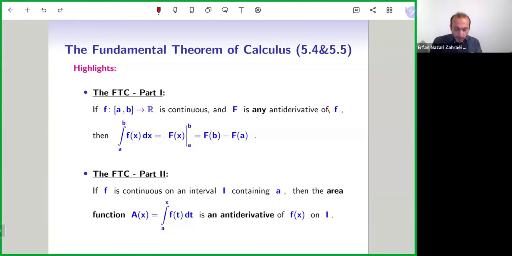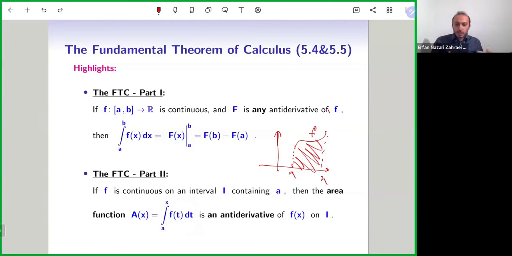The statement of the second part is that if we create an area function like this, which is the area under the graph of f from a to x, so we are talking about this area. As you see, a is a fixed number, constant, but x is a variable. So this area depends on x. In other words, it's a function of x.